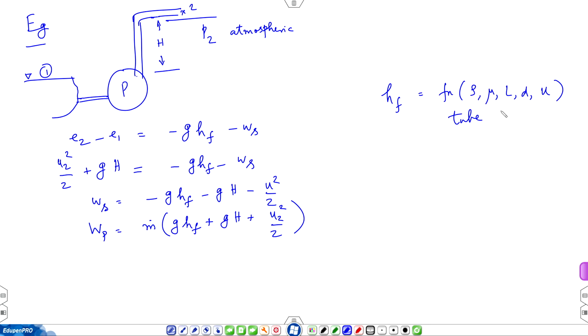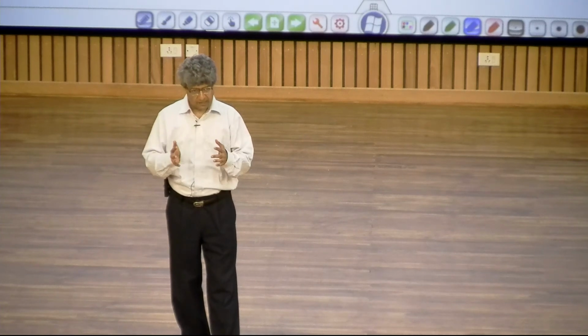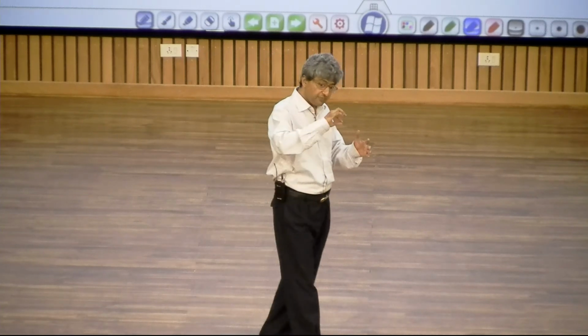That means somebody has done experiments. This coefficient of friction will depend on the characteristics of the two mating surfaces. Is it copper on steel, or wood on aluminum, or is it aluminum aluminum? It depends on the combination, depends on the contact pressure, depends on the fluid filling the gap.